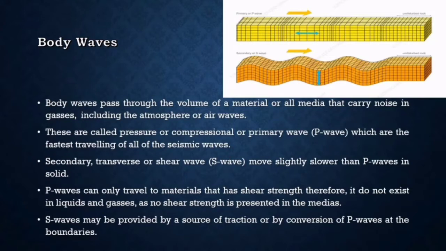Secondary, transverse or shear waves, or S waves, move slightly slower than P waves in solids. S waves can only travel in materials that have shear strength, therefore they do not exist in liquids and gases, as no shear strength is present in those media. S waves may be provided by a source of traction or by conversion of P waves at the boundaries.